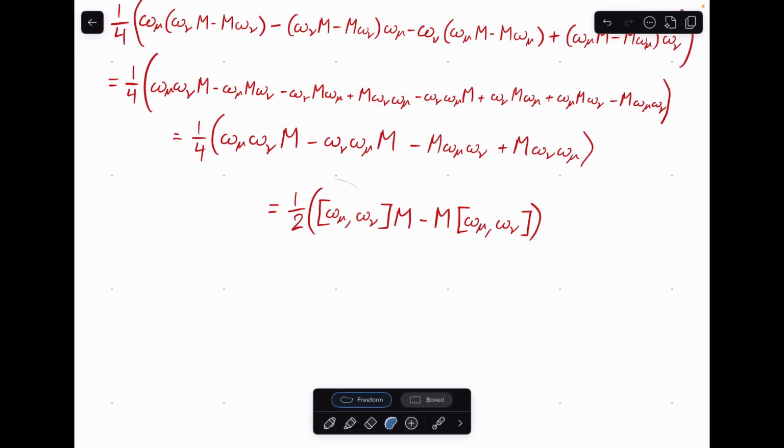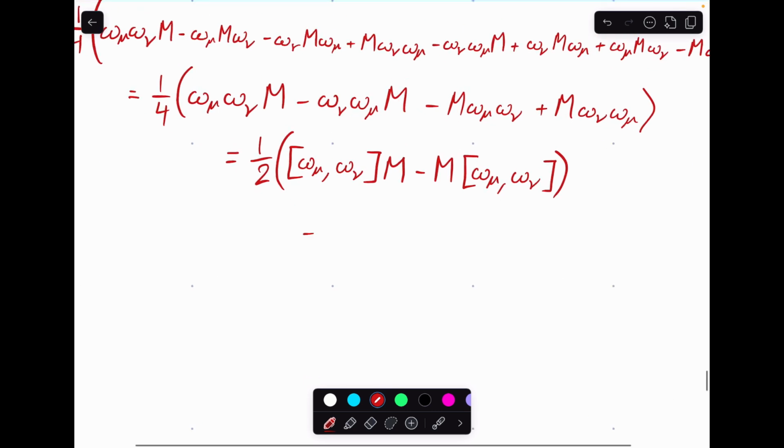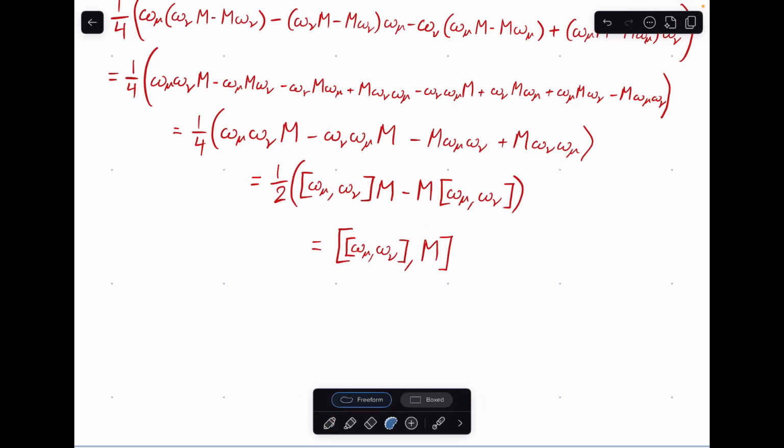And you'll notice that this is just the definition of another commutator. So we can apply this again, and we get the commutator of the commutator omega mu omega nu with m.